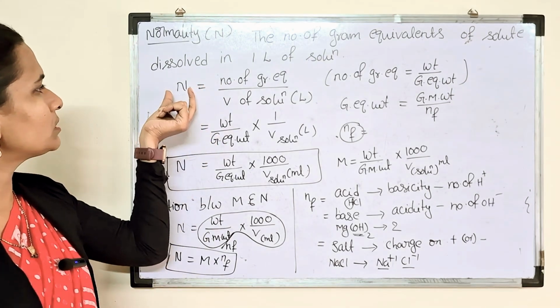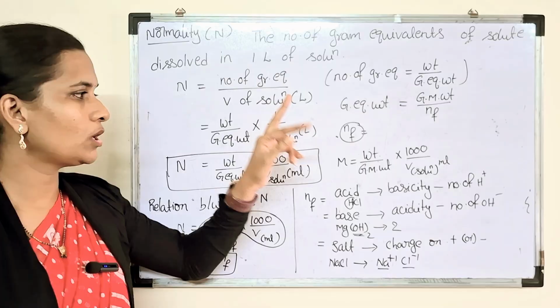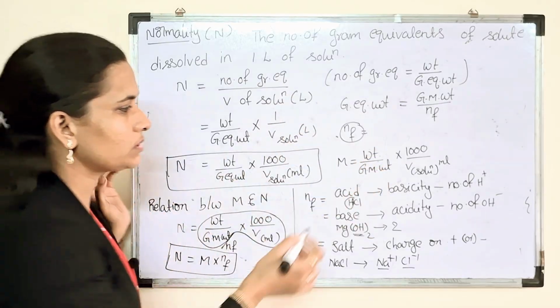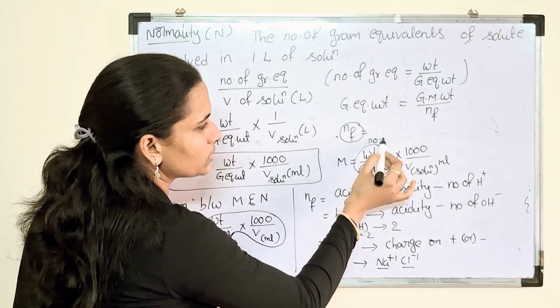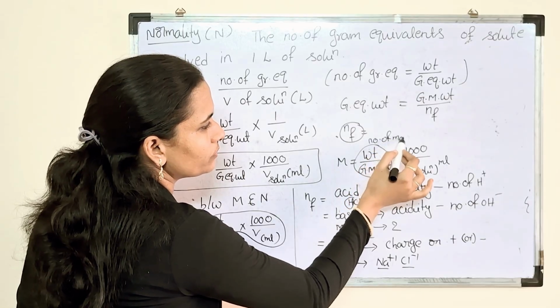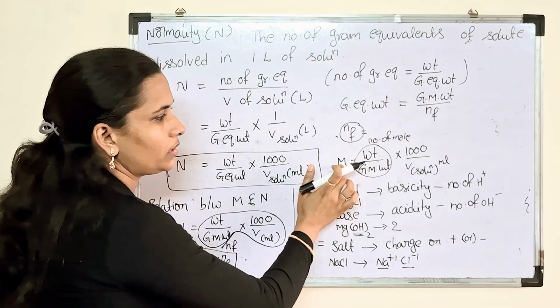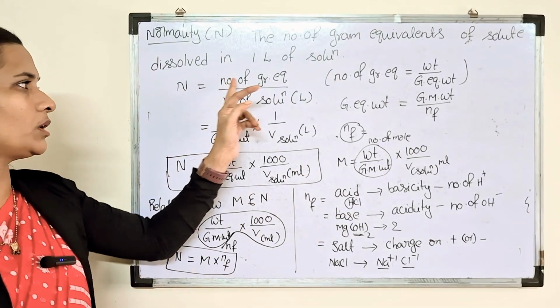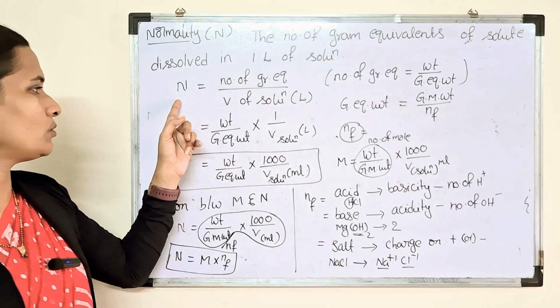Normality is equal to the number of gram equivalents divided by the volume of solution. Molarity is equal to weight by gram molecular weight, which is the number of moles. So the number of moles of solute dissolved in 1 liter of solution is molarity, and the number of gram equivalents of solute dissolved in 1 liter of solution is known as normality.